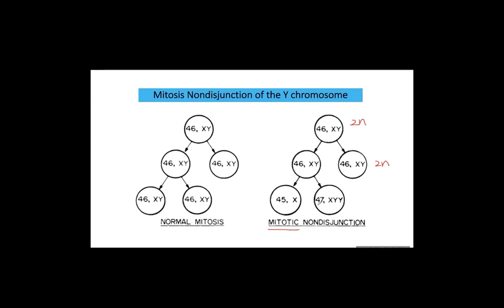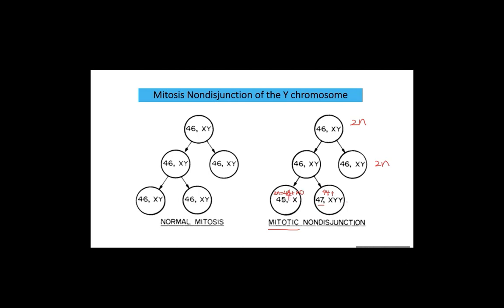In this case it is 47, with 44 plus XYY. The other daughter cell will lose one sex chromosome to the other daughter cell. Therefore, 2n equals 44 plus XO.